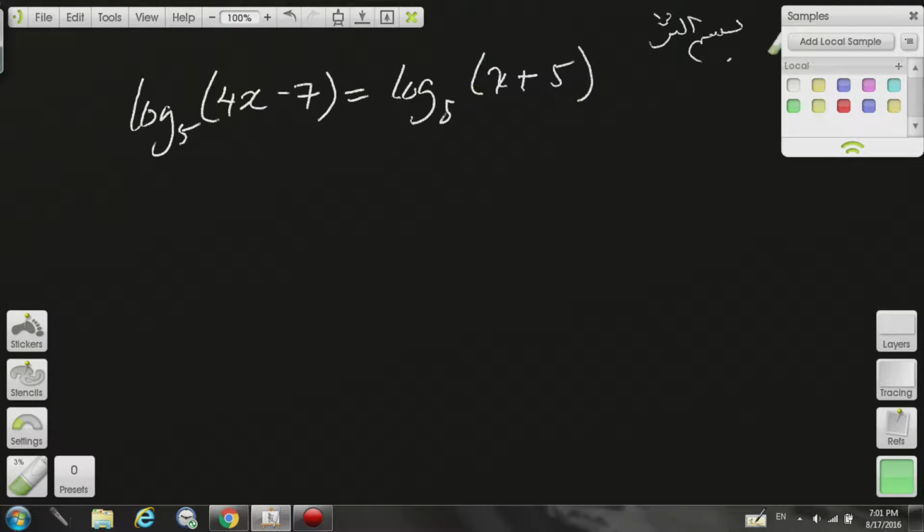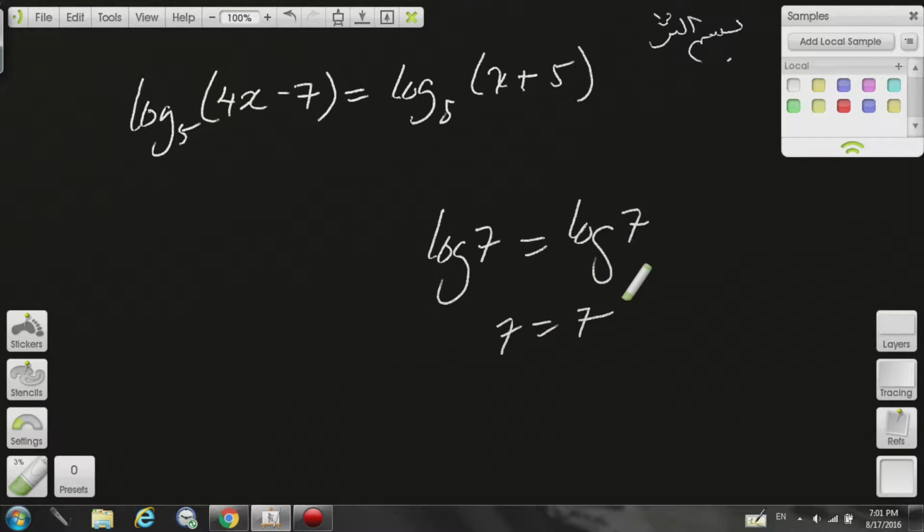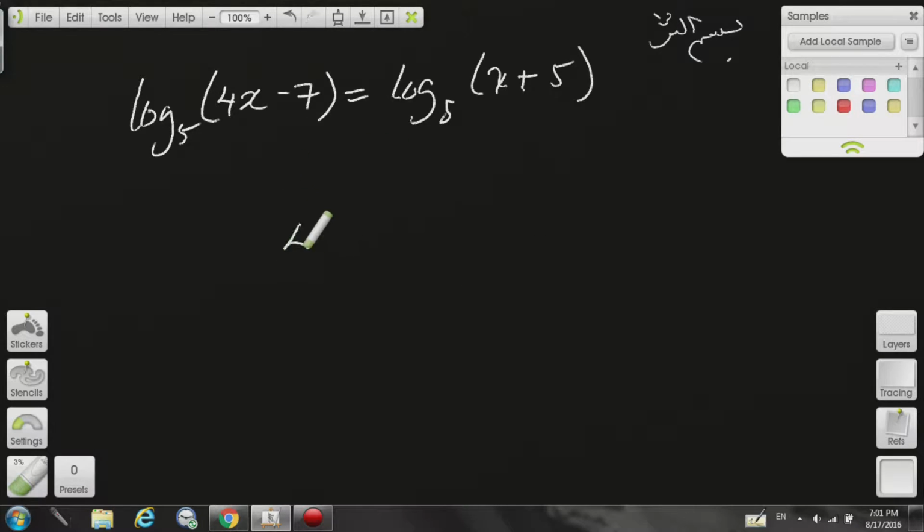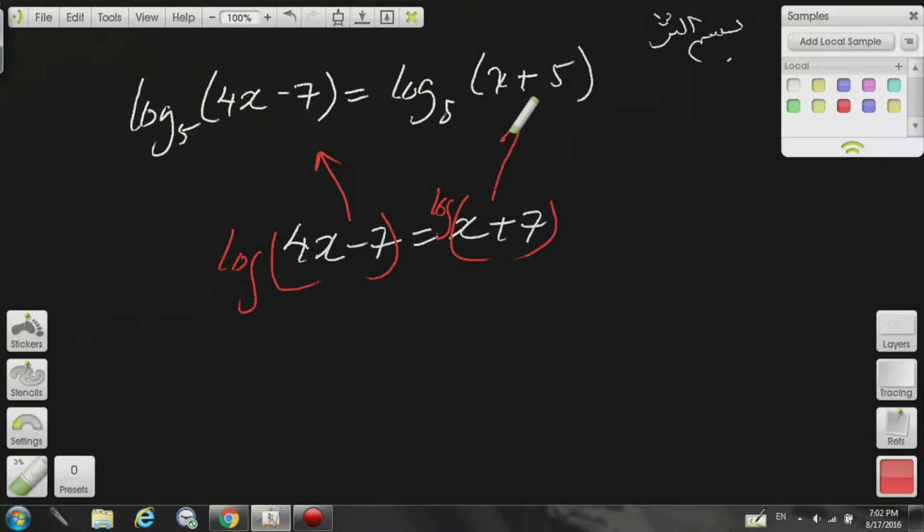Well, if log of a number, see, log of 7 equals log of 7, it means 7 equals 7, doesn't it? Right? So when there are logs on both sides like this, it's like somebody decided to just take the log of both sides. And they got that, right?